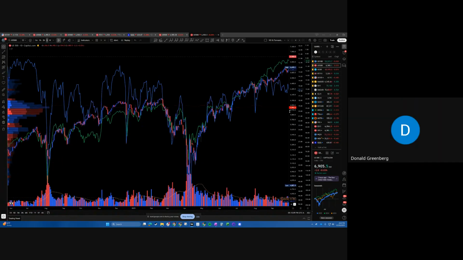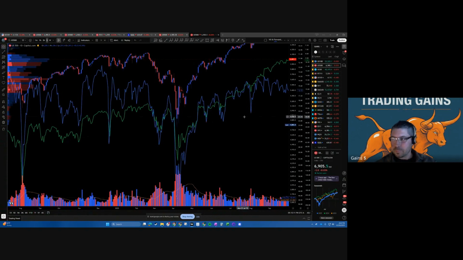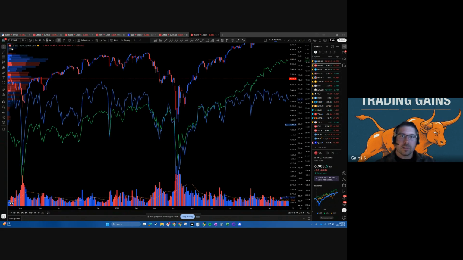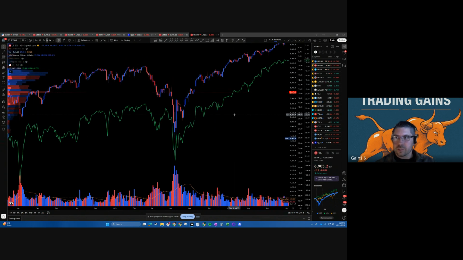So for example, let me hide some of this here. If we're looking straight at UVIX, it was at like 28, then all of a sudden after a couple days, now we're looking at it at, what was that, 92?